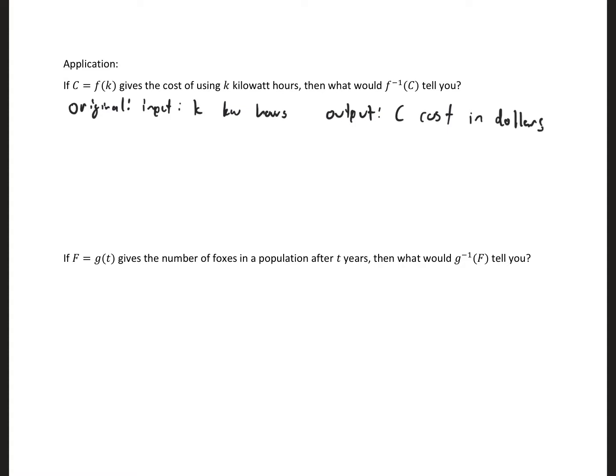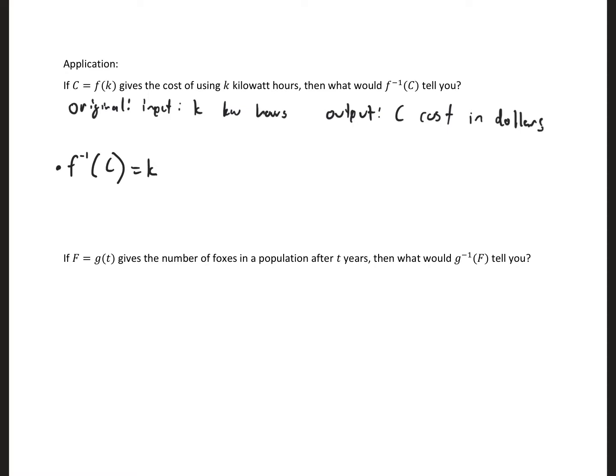So in the original function, we're getting out a cost in dollars when we put in kilowatt hours. That means in the inverse function, we're going to get out a number of kilowatt hours for a certain cost. So the inverse, notice how there we'd be putting in a C. We would actually get out a K.